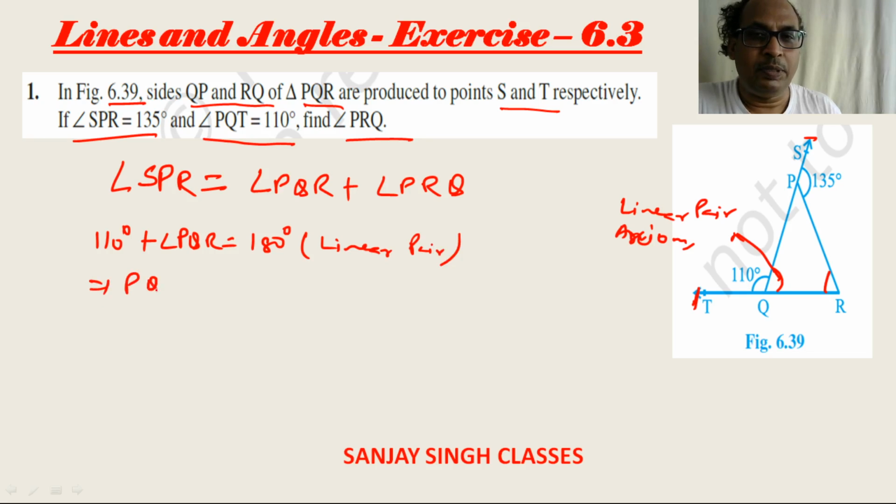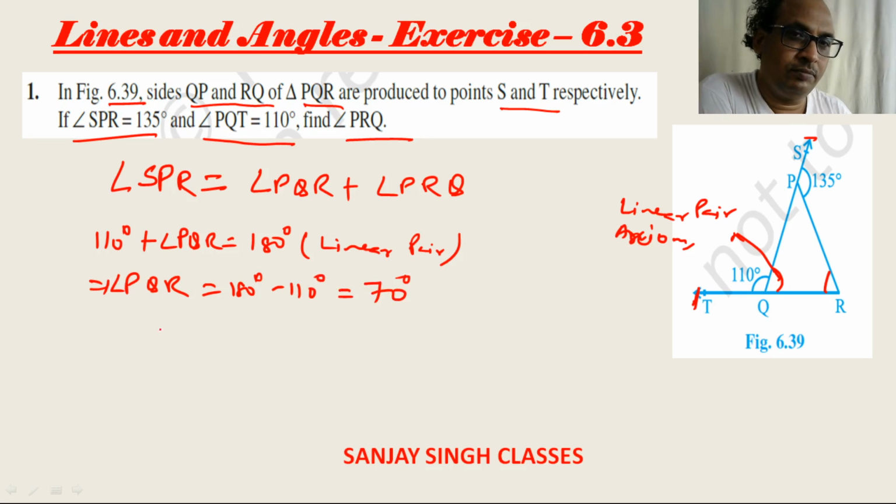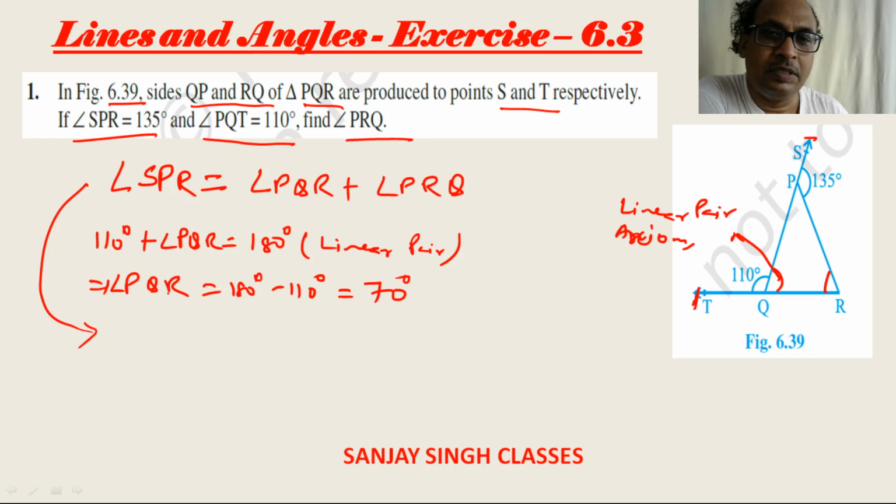Thereby angle PQR will be equal to 180 degree minus 110 degree, and it will be equal to 70 degree. Now from this equation we have got angle PQR is equal to 70 degree.